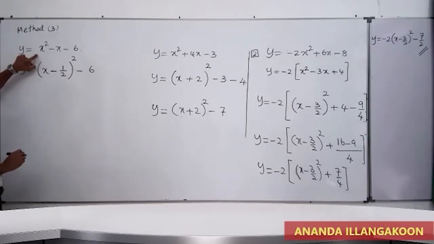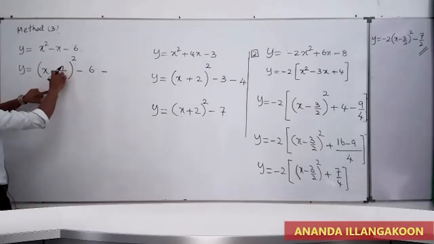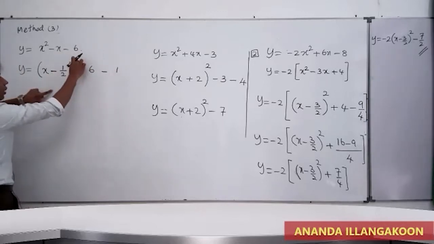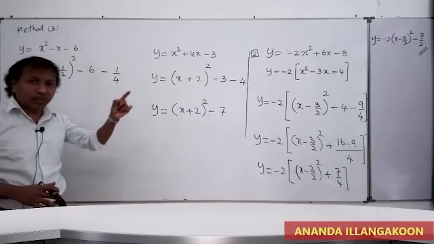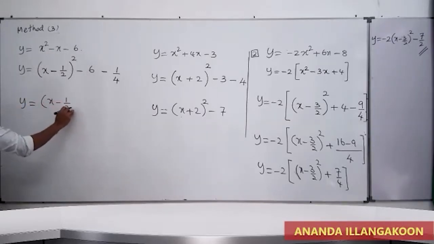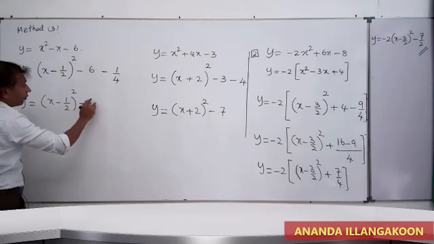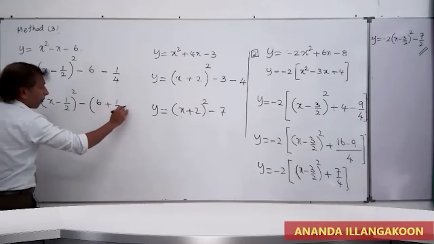Right. Now, what do we do, people? We subtract the perfect square of this. 1 squared is 1, 2 squared is 4. Half perfect squared is 1/4. Right. Now we can write. By this 2, you can take the minus sign out. Then we get 6 plus 1/4.